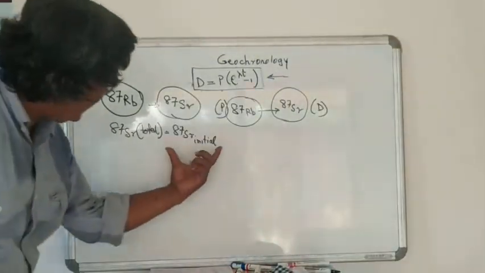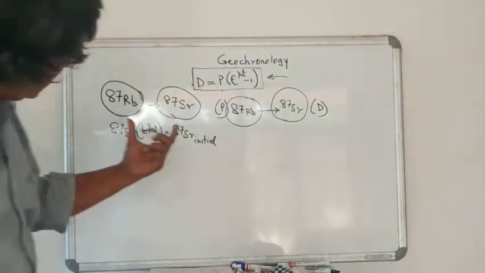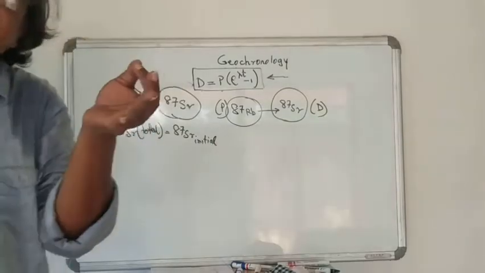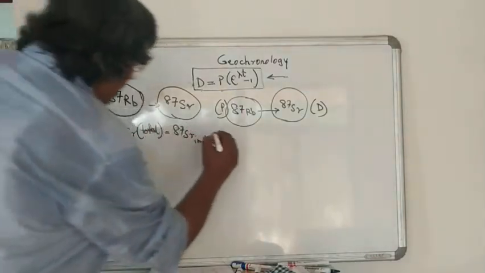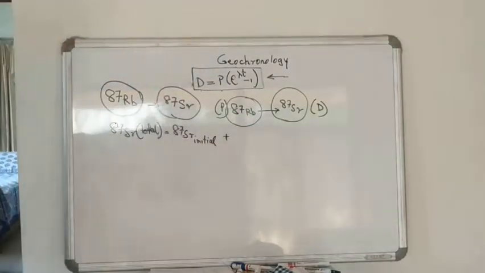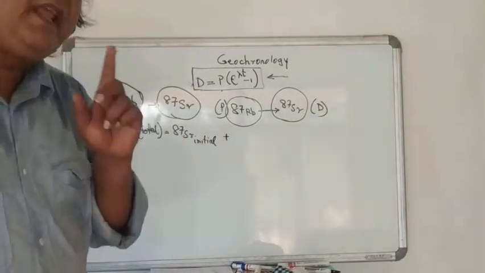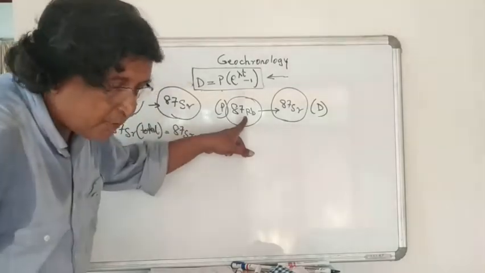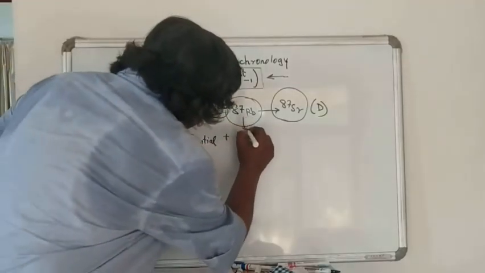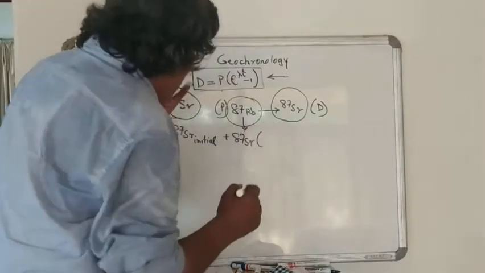So this 87 strontium initial was incorporated by Earth, or it could be incorporated by a system, but it also had extra 87 strontium because it had incorporated 87 rubidium, which produced 87 strontium, which is radiogenic.